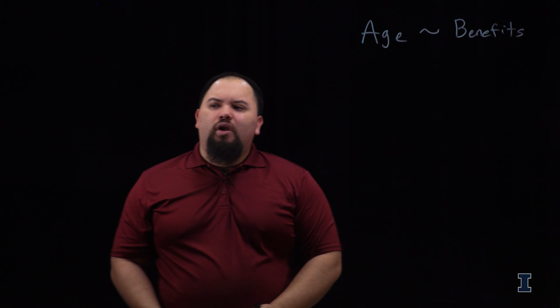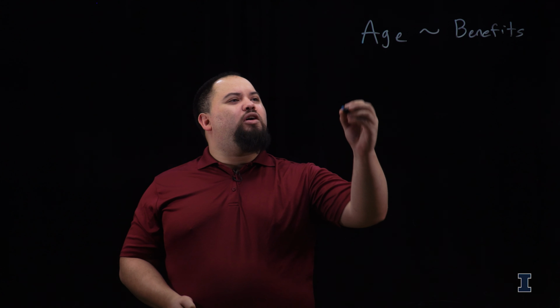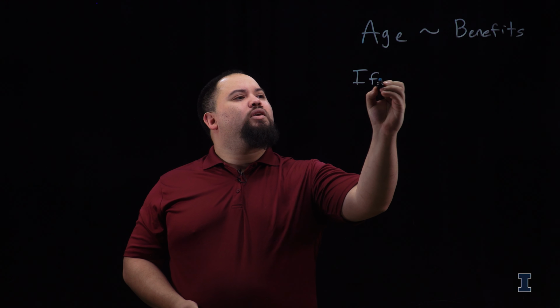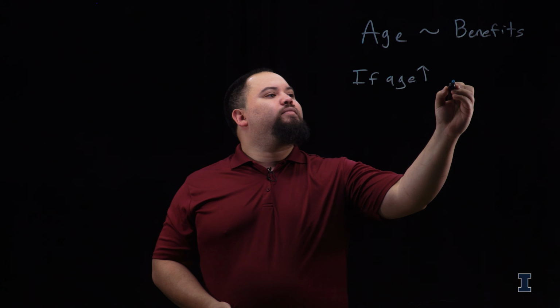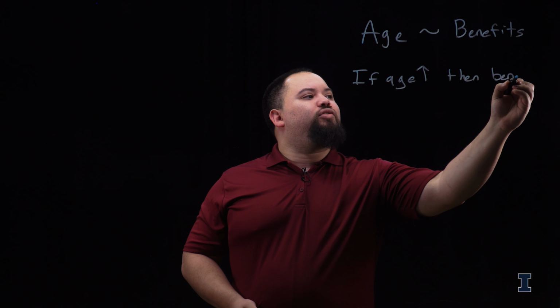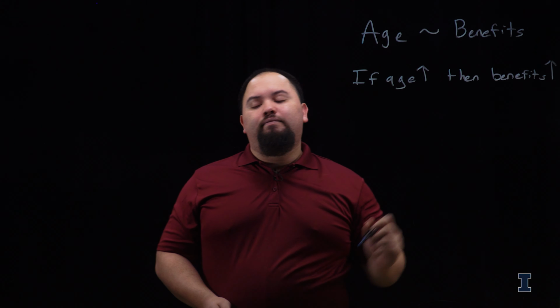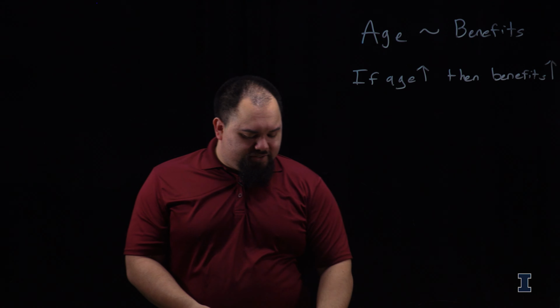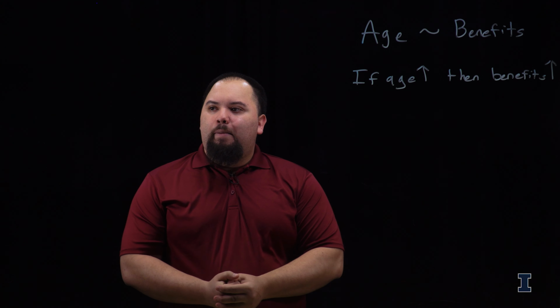In general, we would expect a couple of things to emerge. First off, generally, if age increases, then benefits should increase. By benefits, I mean the amount of money that the insurance company pays.